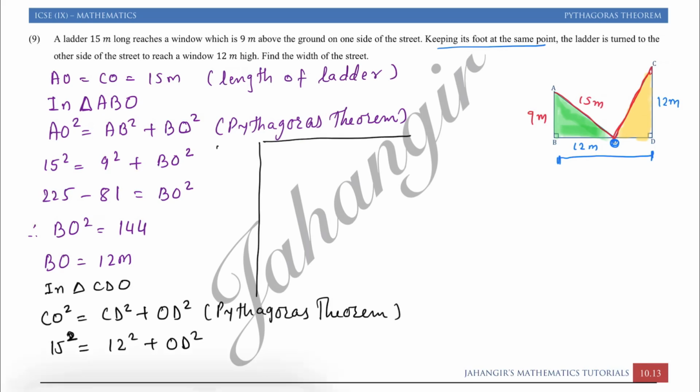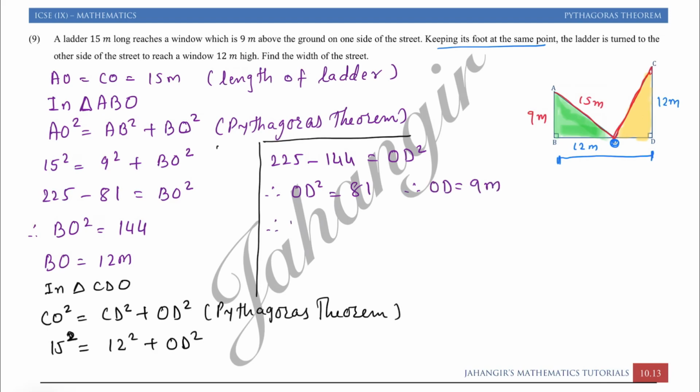So therefore 225 minus 144 is equal to OD square. So therefore OD square is equal to, subtracting both, you will get 81. So therefore OD is equal to 9 meter.